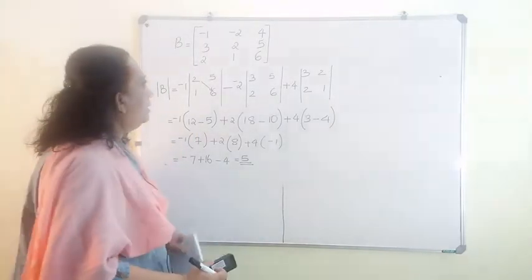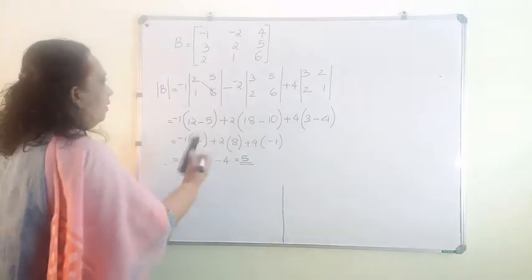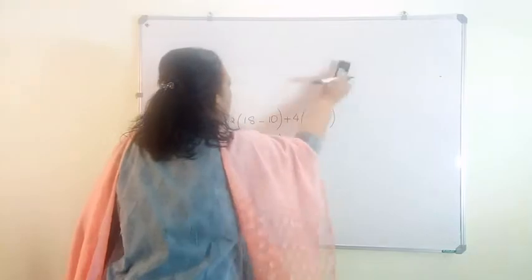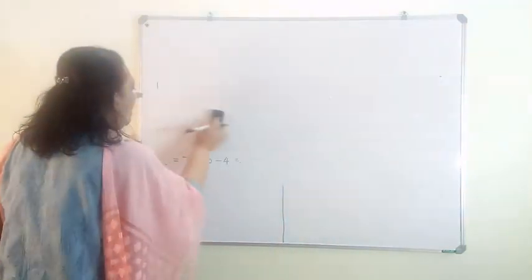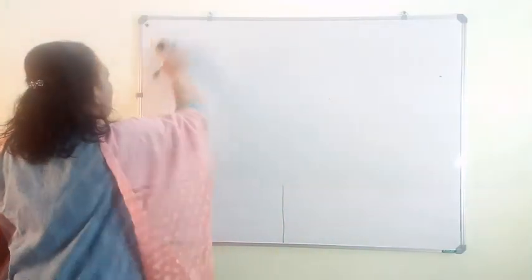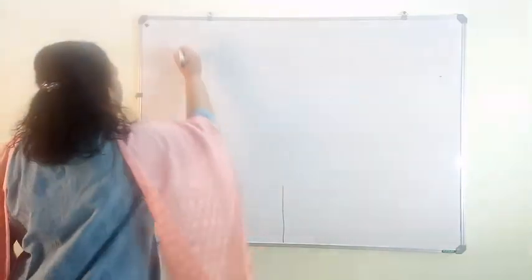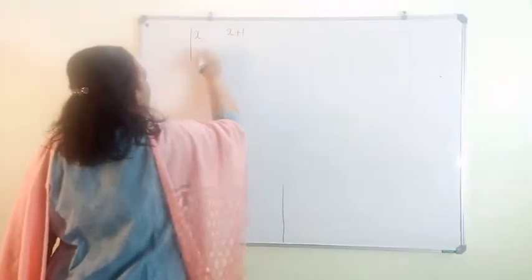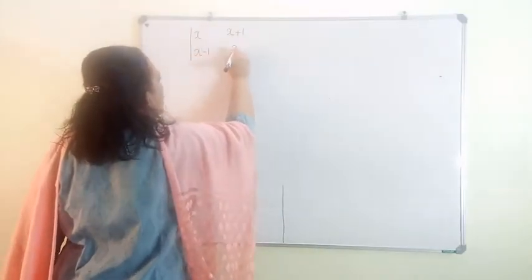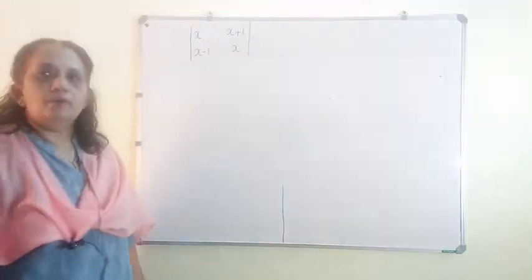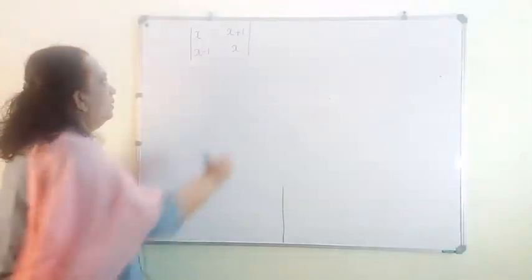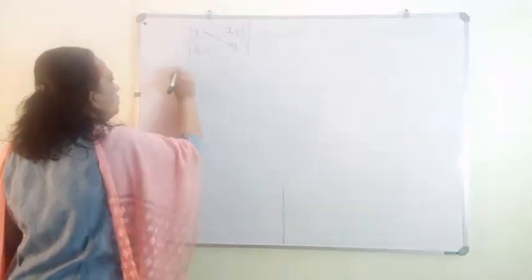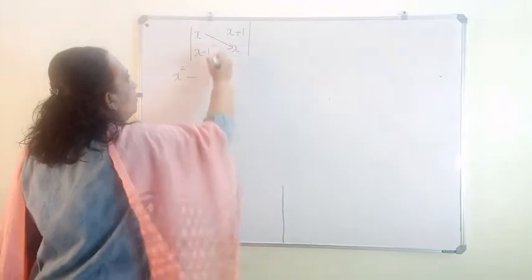Now, using this, you may be asked some questions, like one word answer questions. Write along with me. Evaluate. Evaluate means find the value of the determinant x, x plus 1, x minus 1, x. The question is find the value of this determinant. What is the value of this determinant? X into x. It is equal to x squared minus. What about the next one?